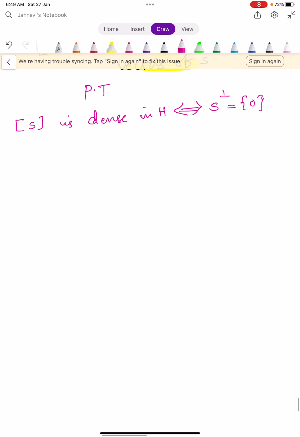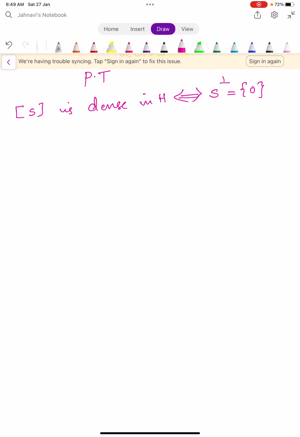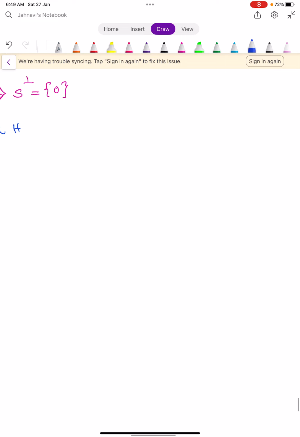So in the first part we assume that box S is dense in H, then obviously box S bar is equal to H.